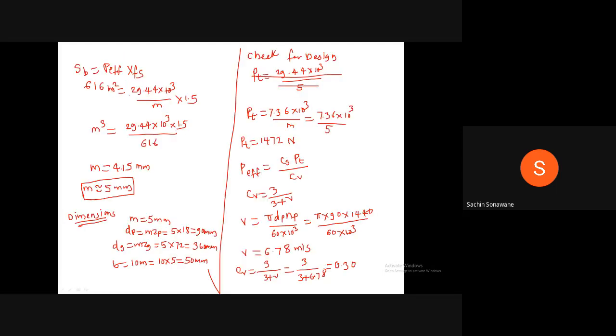Therefore, P effective is equal to, what is our equation? CS PT upon CV. Therefore, CS we are knowing. What is CS? 1.5. What is PT? 1472. PT is equal to 1472 divided by, what is CV? 0.3.